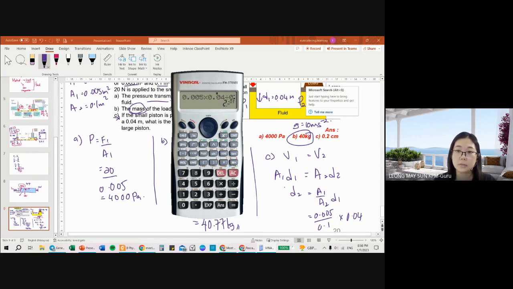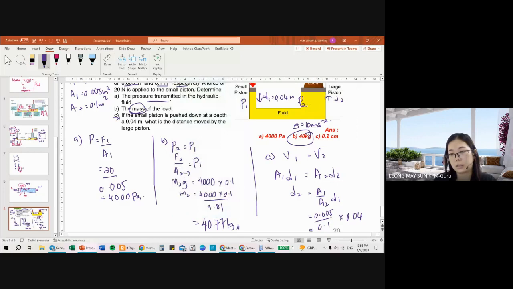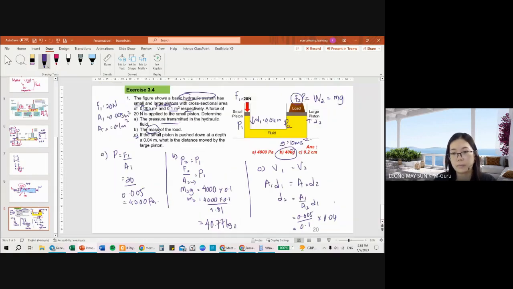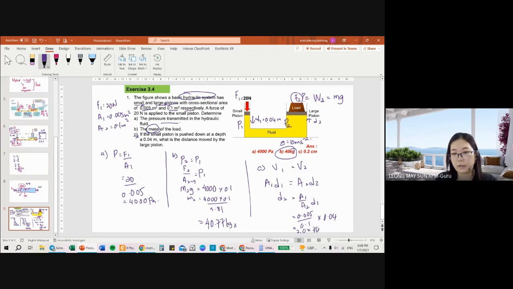Answer is 2 times 10 to the power of -3. So the answer here is 2.0 times 10 to the power of -3 meter. You can actually give the answer like this, or you can actually change it to centimeter. That's up to you. I'll just leave my answer like this.